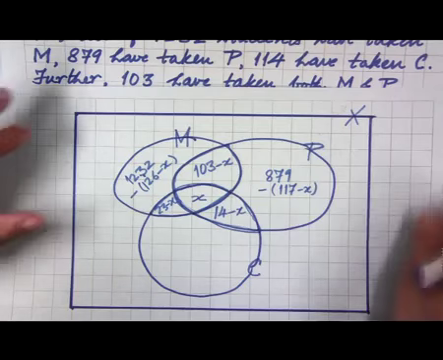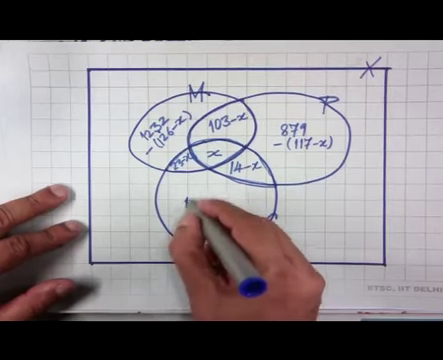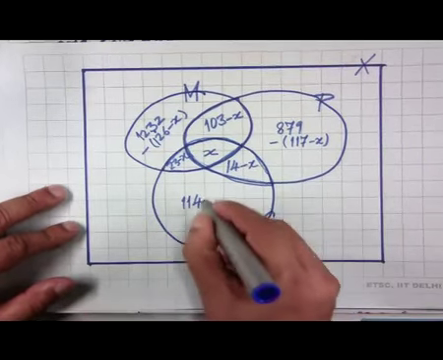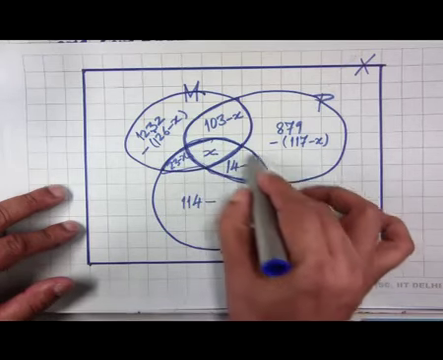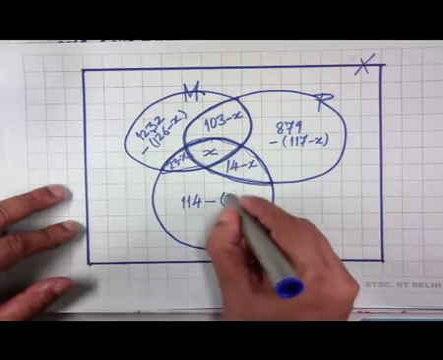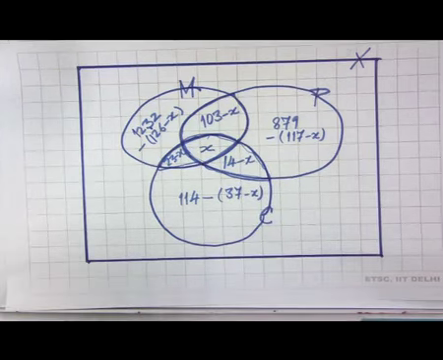What about chemistry? Smaller numbers, easier for us to handle. 114 minus, and you sum the numbers in these 3 regions, and you can see you get 37 minus x. So as I said, you can do the calculation yourself, a little bit of addition and subtraction.